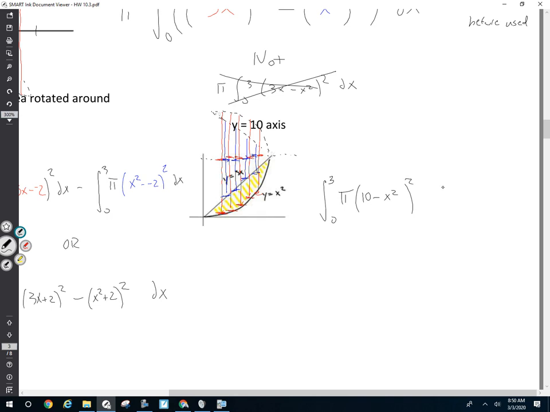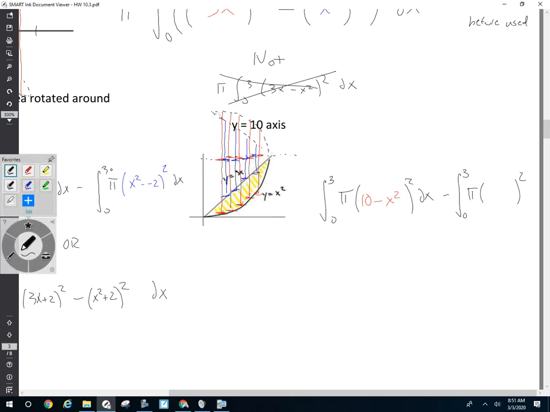So this is important. That's why I draw things. If I just try to get the answer quickly, you're not going to be able to get it quickly. And then the hole, the blue cylinders, let me just make sure, 10 minus x squared. A hole, the blue cylinders, they have a radius of 10 minus the 3x, that y distance.